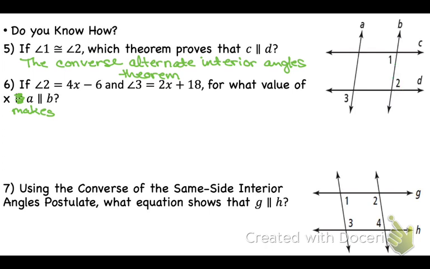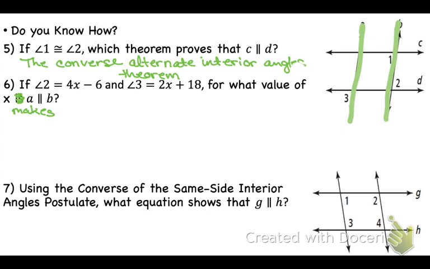Okay, so A to B. Well, if A is parallel to B, what would those two angles have to be to each other? They have to be congruent, don't they?